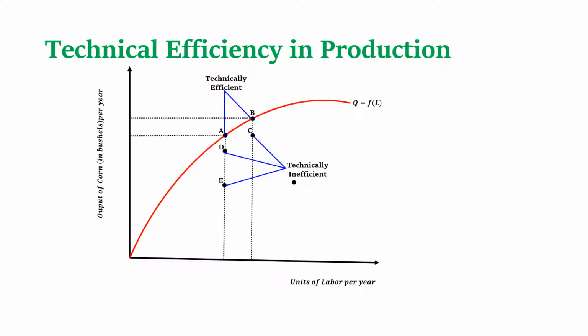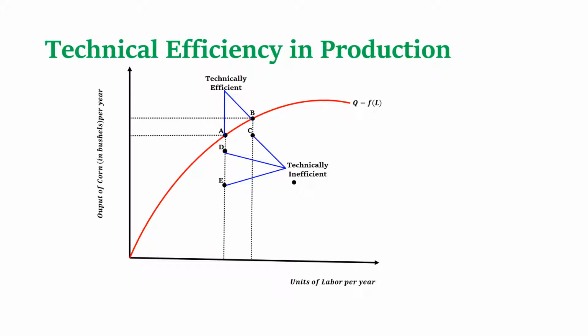It could have done more because it's capable of producing. He has the appropriate technology to produce at point A and B. But because of some factors, he's not producing at point A and B. So in this case, we say the farm is technically inefficient. The level of production here, or output here, is not produced efficiently.